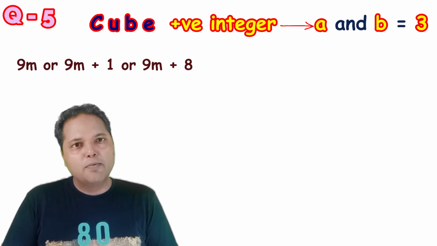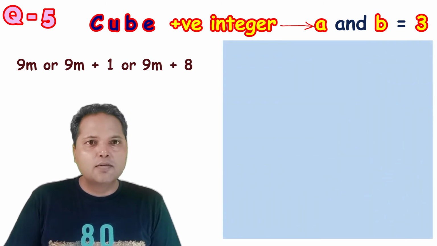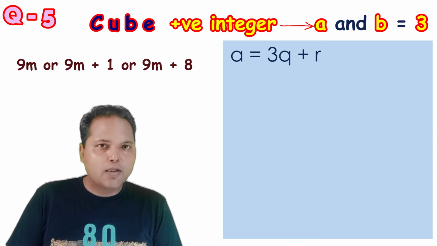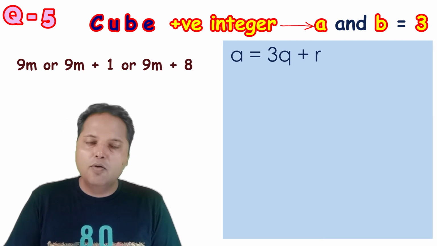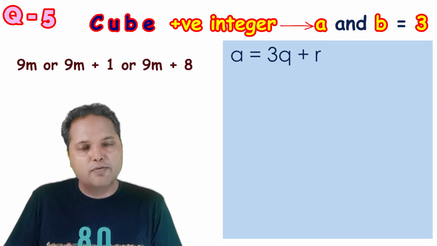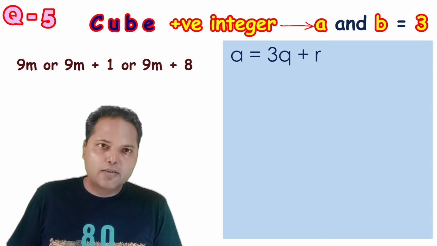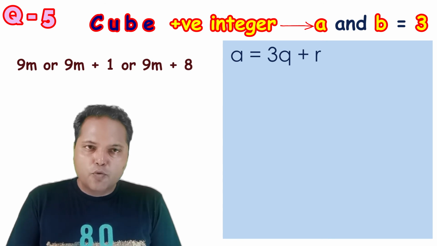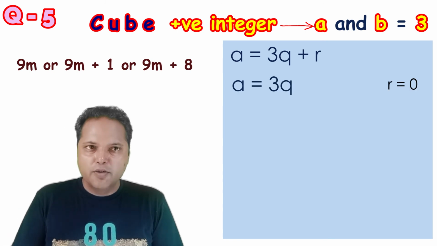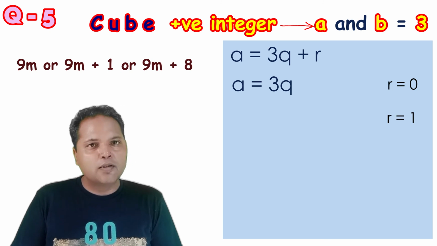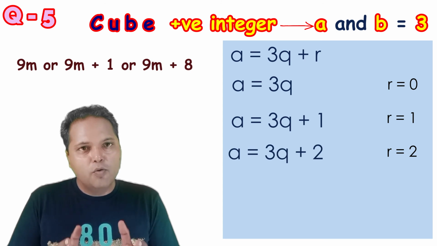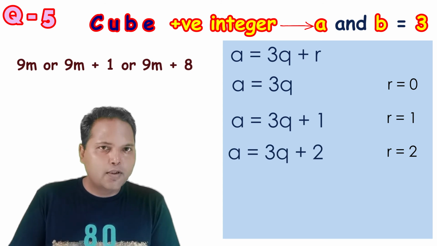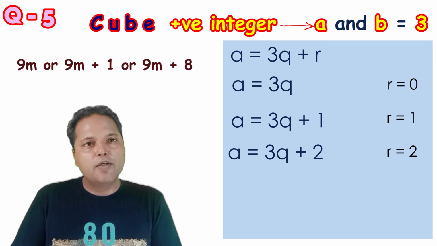And in that case, when we apply Euclid's division algorithm, a is equal to 3q plus r, where r will have values either 0, 1 or 2, and in that case we'll have three different values of a. So for r equal to 0, a is equal to 3q, and for r equal to 1, it will be 3q plus 1, और जब r की वैल्यू 2 है then the value of a होगी 3q plus 2, right?